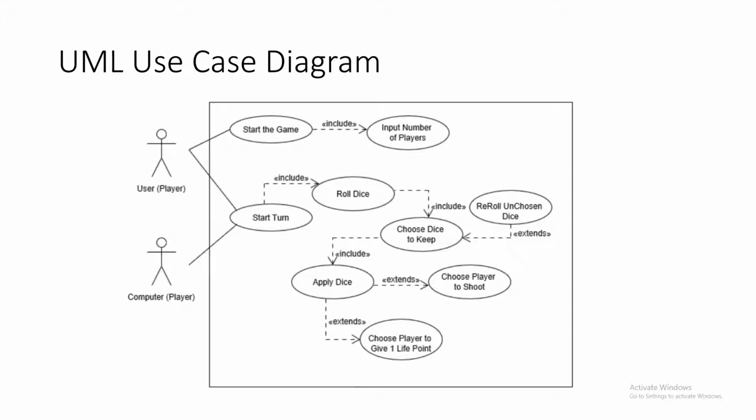One, they're the only ones who can start the game, and then both the user and the computer will take turns as the game continues, including rolling the dice, and depending on what dice are rolled, they can choose how to implement that.